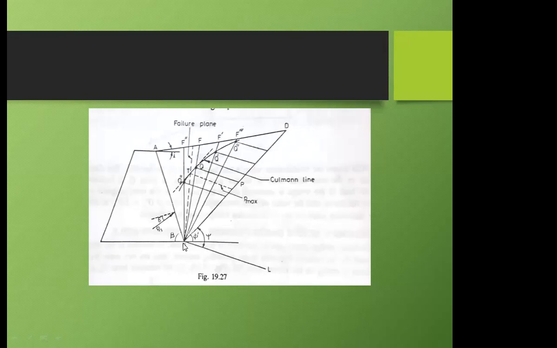The second step is to draw one more line, that is BL, which makes an angle of psi.